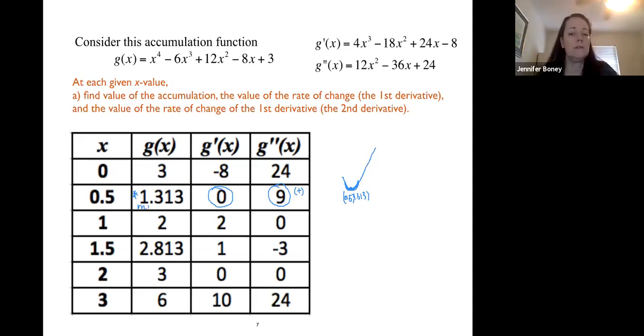Now, there could be lots of other stuff going on in the graph. I don't see any points within that here. Doesn't indicate that there aren't, because I don't have a single x value. I just have some x values. But taking a look at the pattern in the first derivative, I see negative, 0, positive, positive, positive, 0 again, and then 10. So here's the spot where my curve is pausing based on the closest pieces of data I have around it.